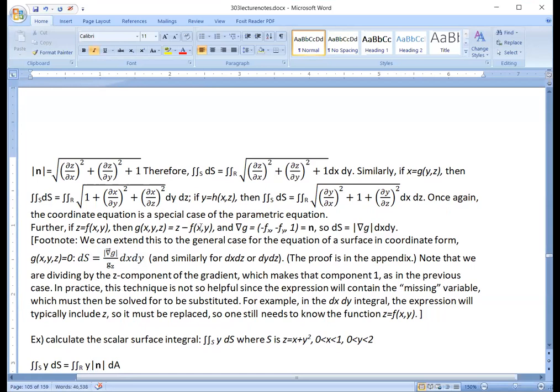So this is going to be the double integral over the region of the function y, and then dS converts to the magnitude of the normal vector dA. So again, remember that dS is on the surface, dA is the region where our parameters live.